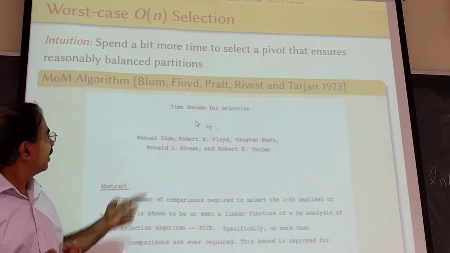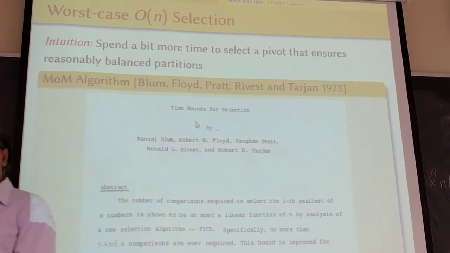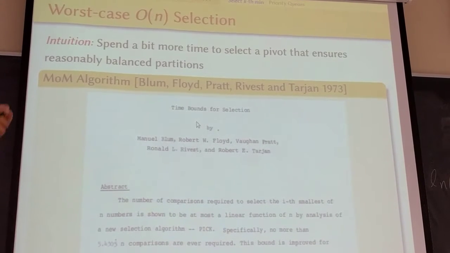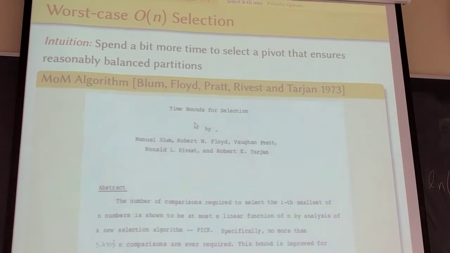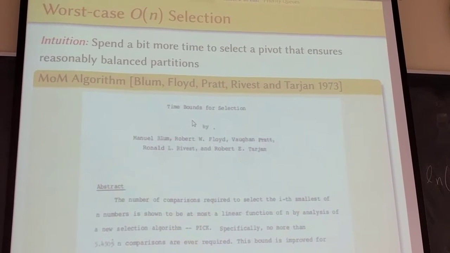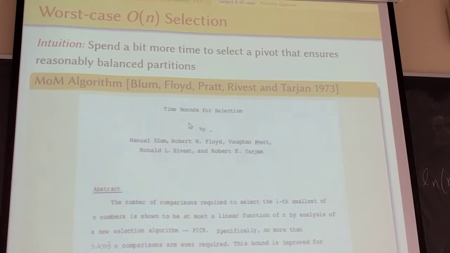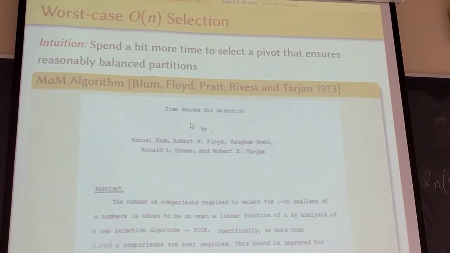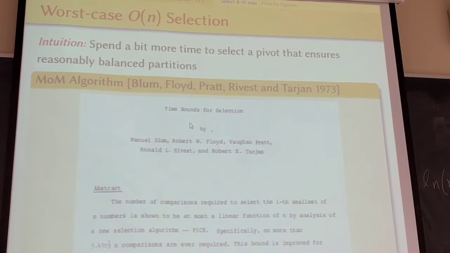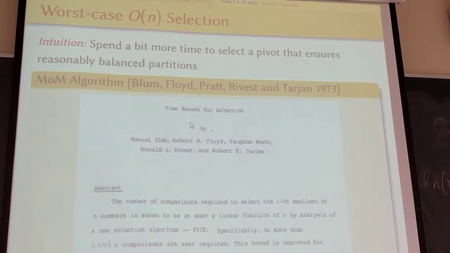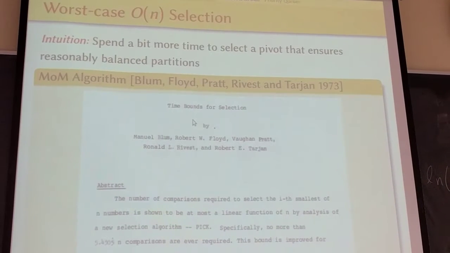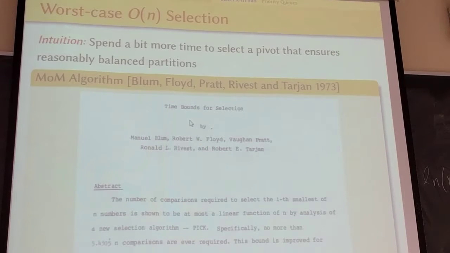1973. So you can see that people had to use typewriters, right? The list consists of very famous people: Ronald Rivest, from the CLRS book; Robert Tarjan, who's behind many graph algorithms that we use; Floyd of the Floyd-Warshall graph algorithm; Vaughan Pratt, well known in programming languages; and Manuel Blum, in complexity.